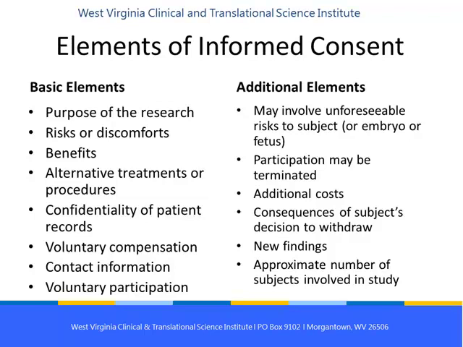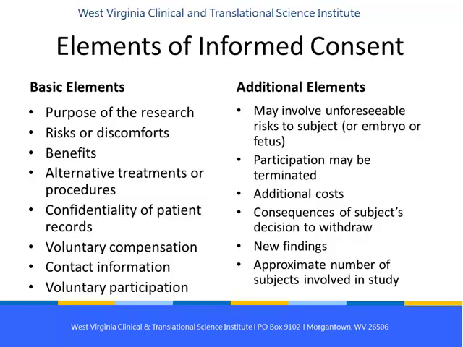The basic elements that are required: purpose of research. Why are you doing the research? What are you hoping to accomplish? Any risks or discomforts. Any benefits, if there are any benefits. If there aren't, it just has to be stated as such, no benefit. Alternative treatments or procedures. The extent that the patient's records will remain confidential, if any.